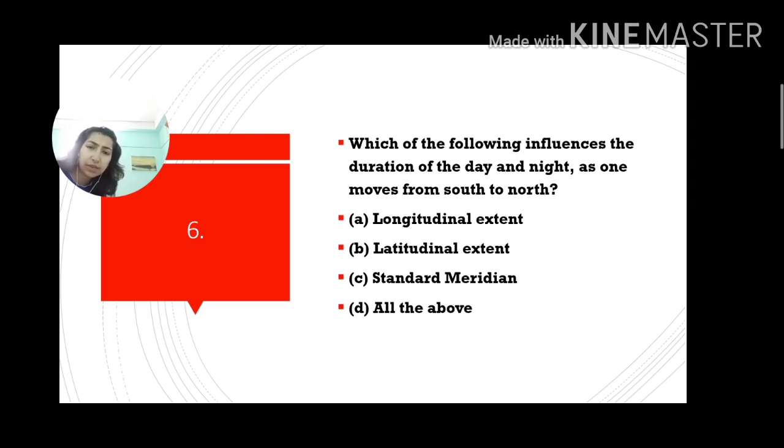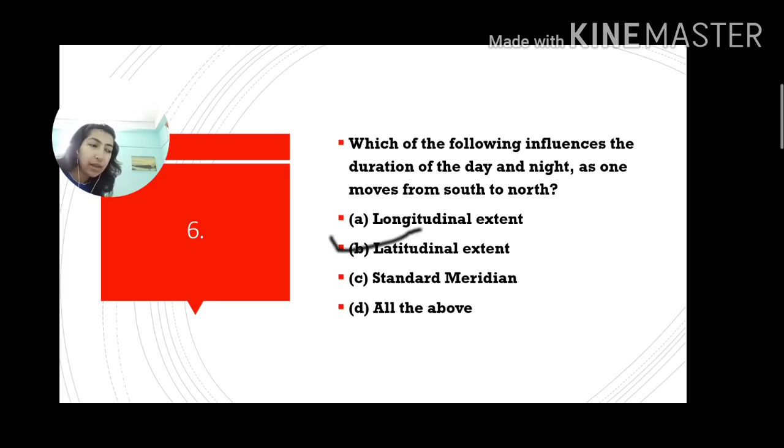By duration of days and night, it means days are longer or nights are longer, or which one is shorter. The options are longitudinal extent, or latitudinal extent, or the standard meridian, or all of the above. The answer will be B, latitudinal extent.